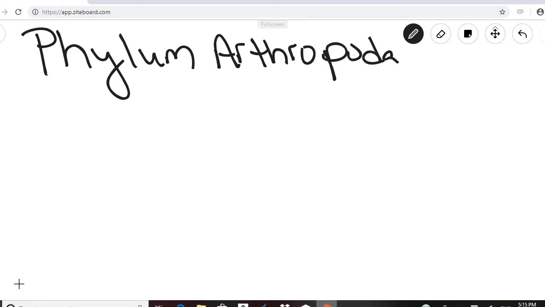In the first half of this module, we talked about some of the general characteristics of organisms that belong to phylum Arthropoda. First of all, they have an exoskeleton.